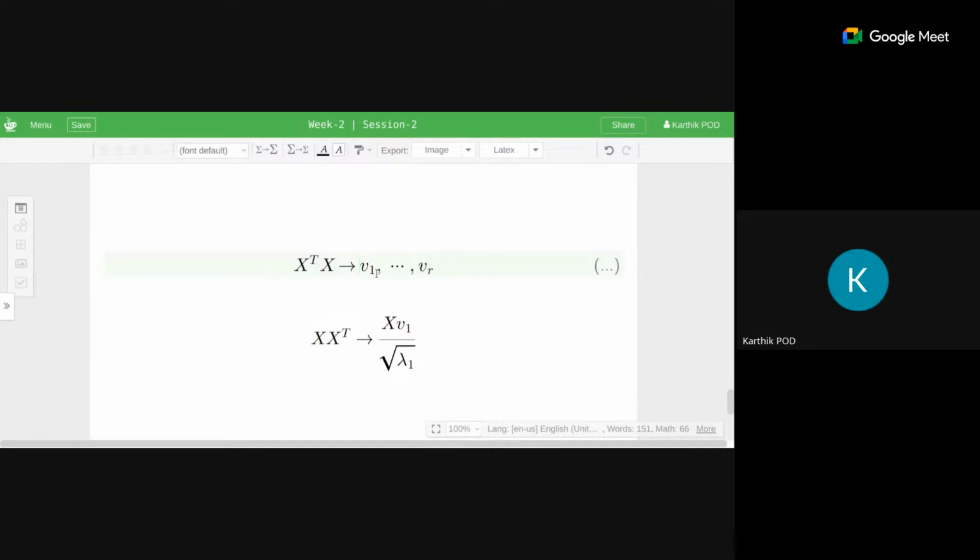You have eigenvectors of X transpose X. You have to pre-multiply that by the matrix X, divide by the square root of the eigenvalue. That's all you need to do. So whether I name it alpha, beta, V1 should not matter to you. I hope that is clear.